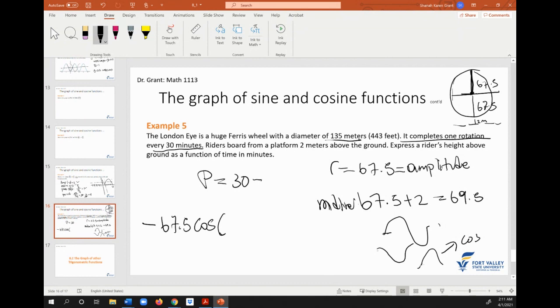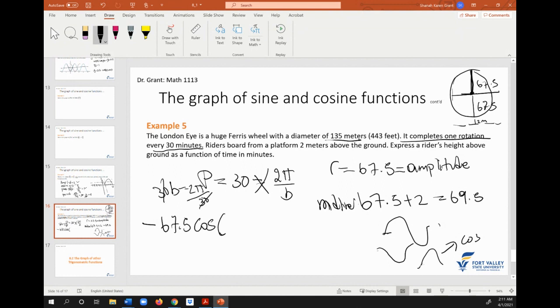Recall that the period is equal to what? 2 pi over b. So I can solve for b. Cross multiply, we'll see that 30b equals 2 pi. So divide both sides by 30.